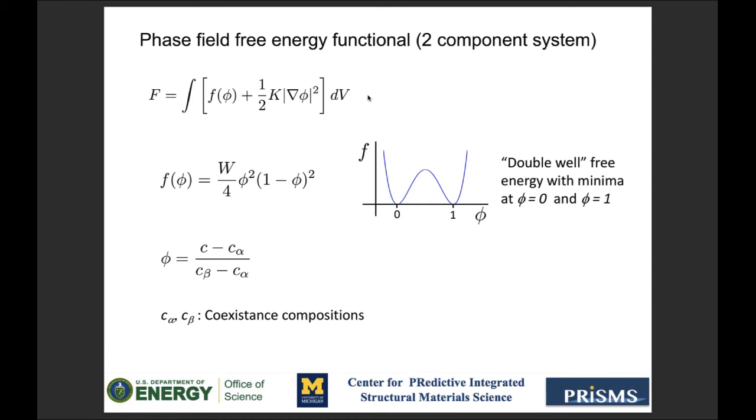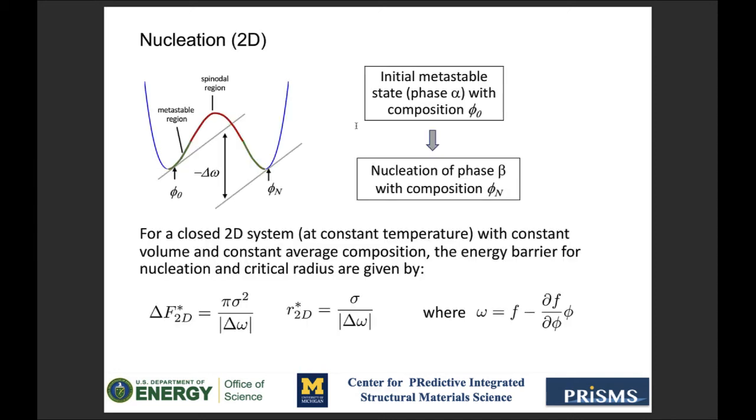And we will also assume that each of the values of phi at the 2 minima of the double well represent the rescaled coexistence compositions of 2 different phases in equilibrium. Also, since phi represents a concentration, we will have to use conserved dynamics, but we will talk about that later.